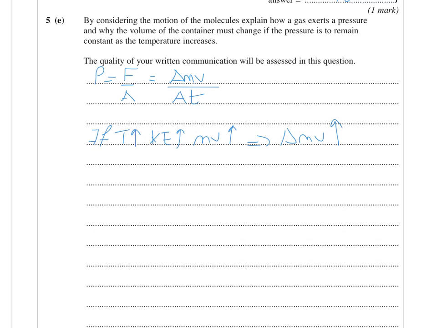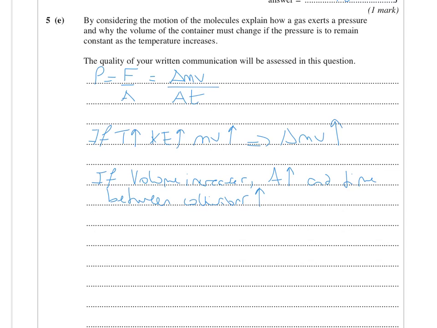So what we need is something to counteract that. If volume increases, the cross-sectional area increases, so that can help offset the increase in momentum, and your time between collisions increases.